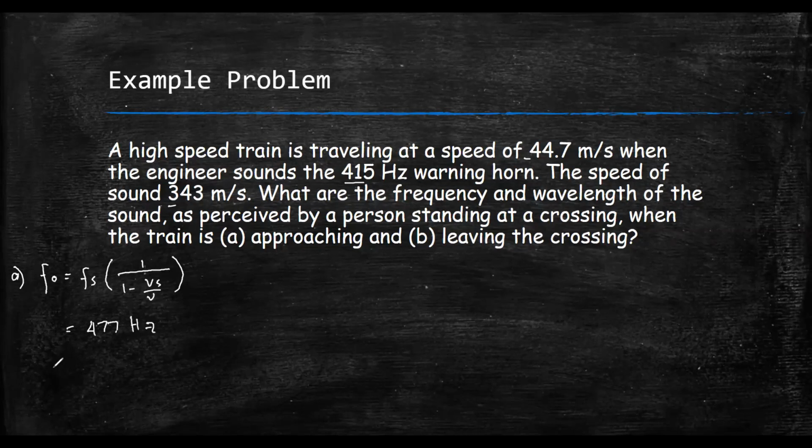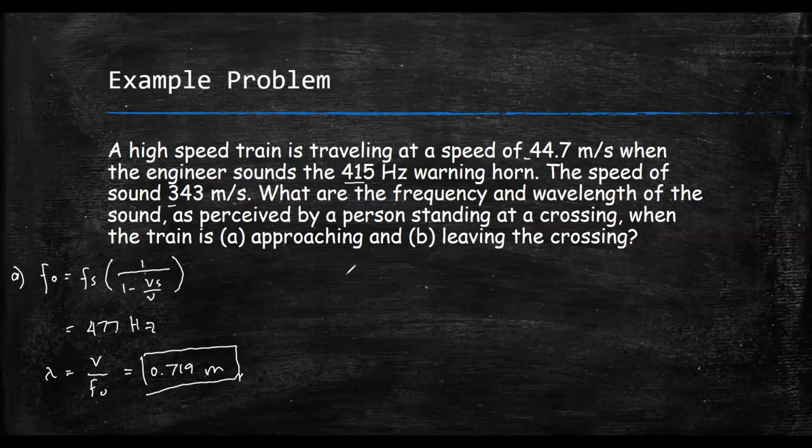And to get the wavelength, it is equal to the speed of the sound over the frequency heard by the observer. Therefore, it is equal to 0.719 meter. Again, to get the wavelength, we use the speed of the sound, which is 343, divided by the frequency heard by the observer.